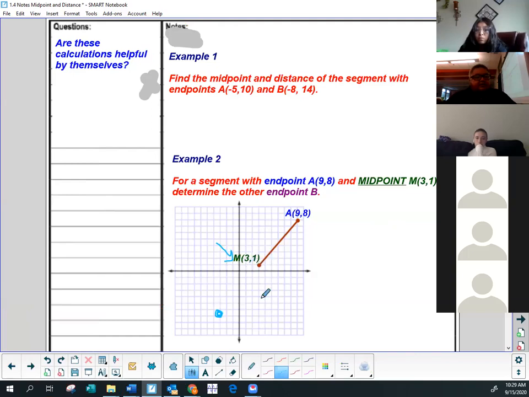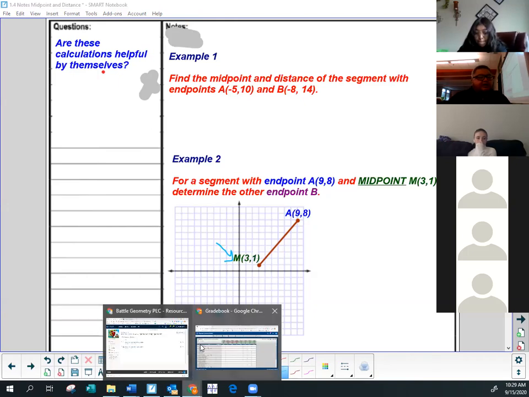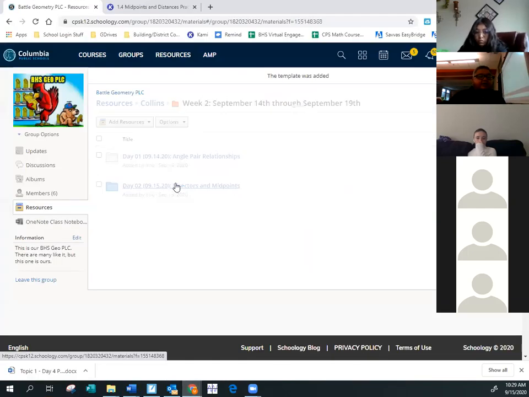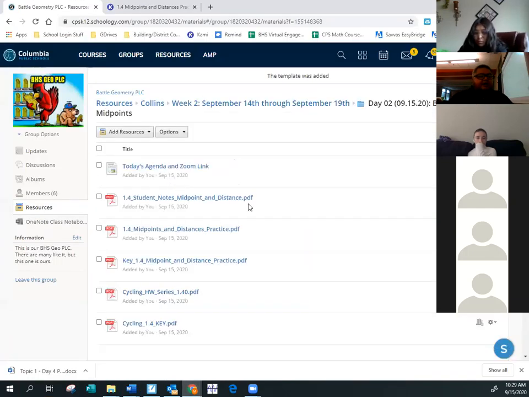Okay, and so you can also calculate it out. So for your work today, I'd like you to do a couple different things. One, finish those notes, and here is the actual template you can download so you can get all the examples. This is just practice, and really you can consider this part of the review going into your test on Thursday. And again, the key is provided, and then you have another essentially a review assignment with the key provided.